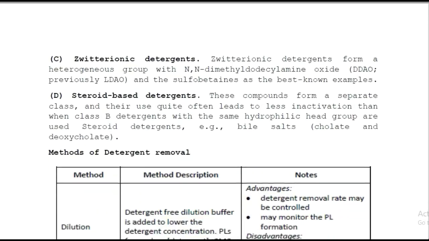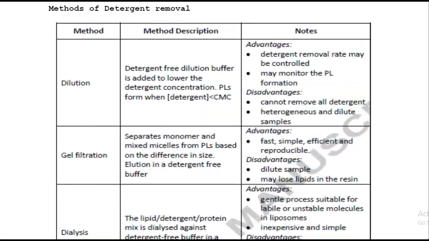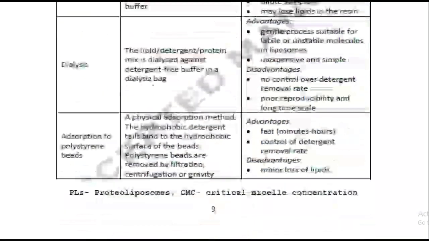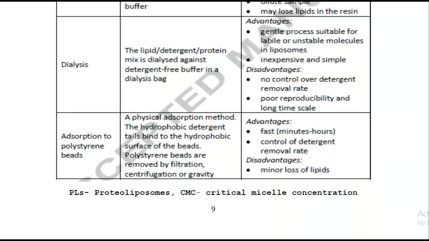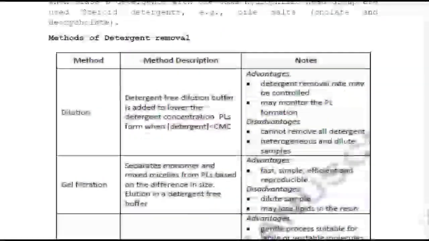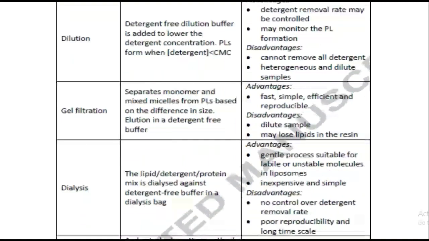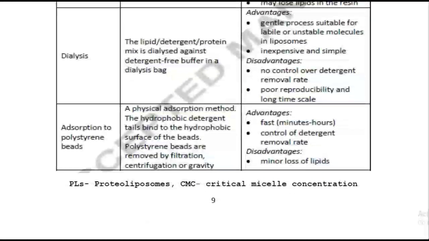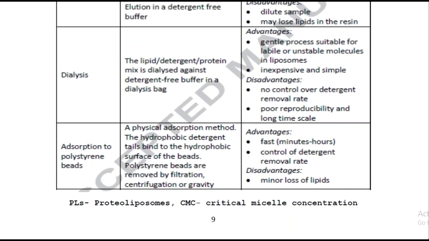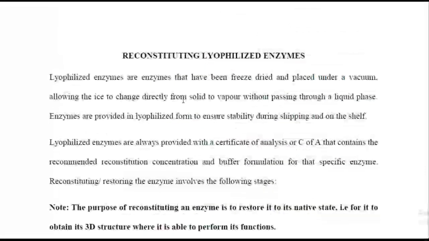We have zwitterionic detergents and the bile-salt-based detergents, and there are methods of getting your detergents out. When you use detergent, it is mixed with the protein, but you need to also extract your detergent from the protein of interest. So that's all about it. You can read, master the table, understand it, and you have the best.